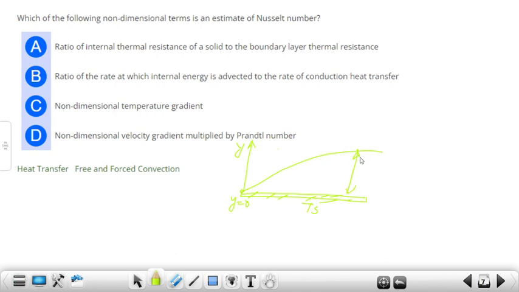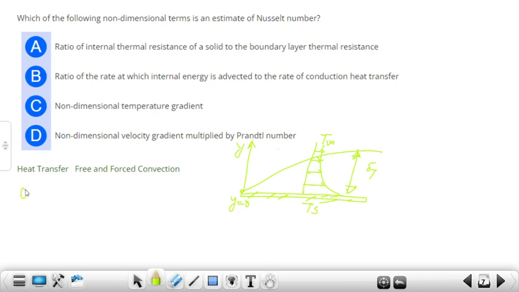This is the thermal boundary thickness del T, and the temperature is high at the plate and gradually decreasing exponentially. This is the temperature T infinity, free stream temperature.